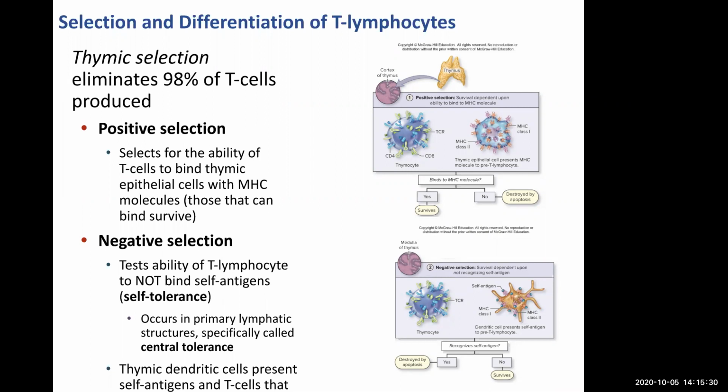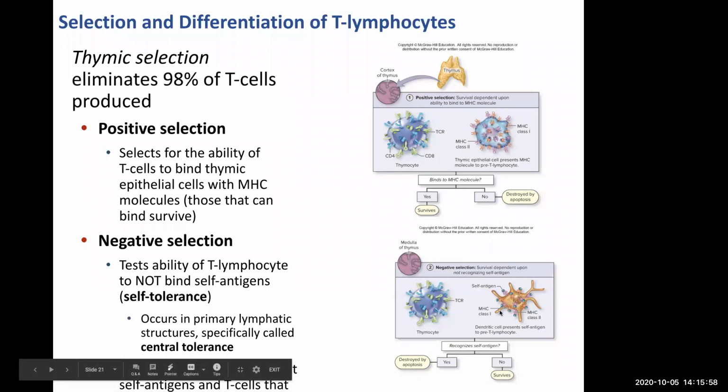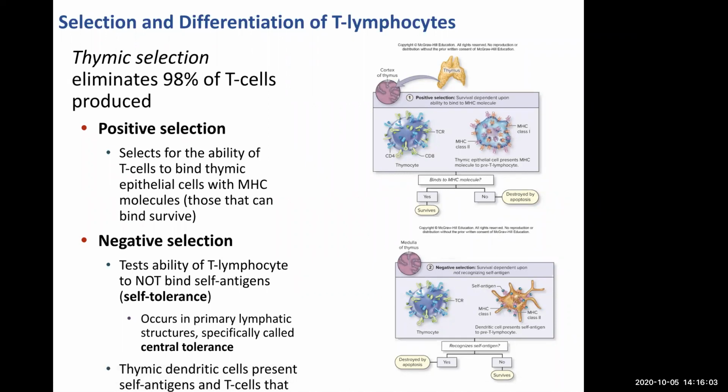So what happens during negative selection is the cells that made it through positive selection are then tested to make sure that when these cells come into contact with self-antigen in the context of MHC class 1, they're able to not, and I always kind of use the analogy of a hug, right? But these T cells are able to make contact with the epithelial cells holding MHC class 1, but they aren't activated by it. They don't hug it, right?